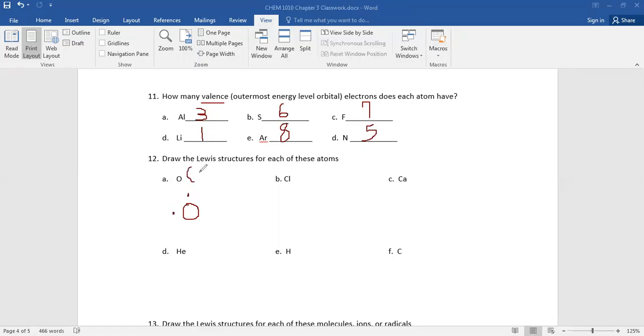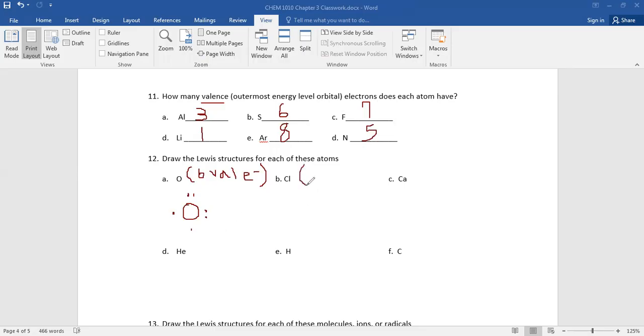Oxygen being in group 6A, it has 6 valence electrons. I symbolize an electron with a lowercase e and a negative sign. So oxygen with 6 valence electrons. Now I've got 4 on either side. So now I'll add the remaining 2 by pairing up. So there's the Lewis structure for oxygen.